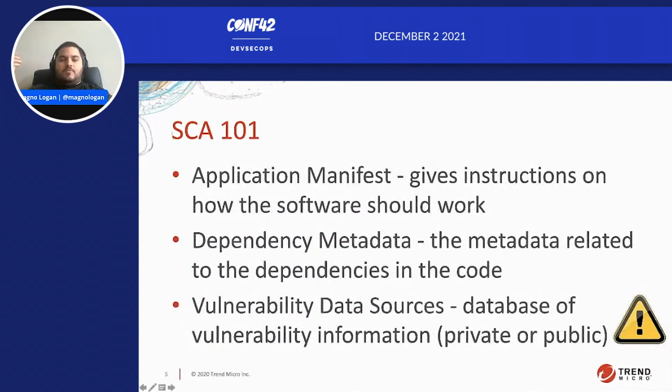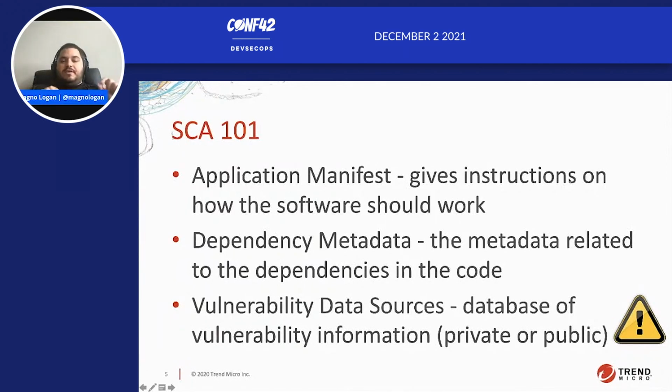So what do you need to perform a software composition analysis, right? Mainly 3 things, and that's kind of a given across the board on major SCA tools, right? You need an application manifest, giving instructions on how the software should work. You need dependency metadata, which shows what dependencies you have in your software and the versions of those dependencies, right?